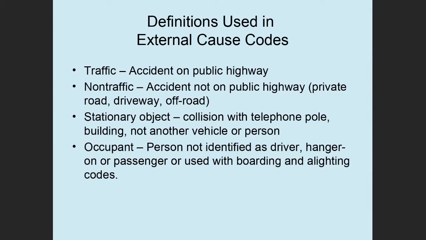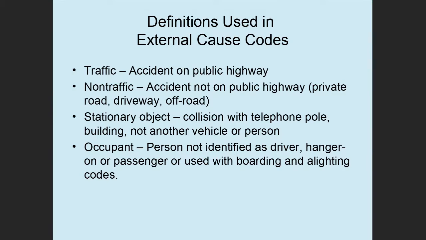First, let's define some terms. Traffic means an accident on a public highway, a street, highway, state road, that kind of thing. A non-traffic accident is one on other roads, a privately owned road, a driveway, or an off-road area. Sometimes a vehicle runs into a stationary object.